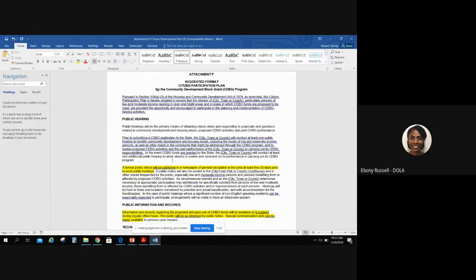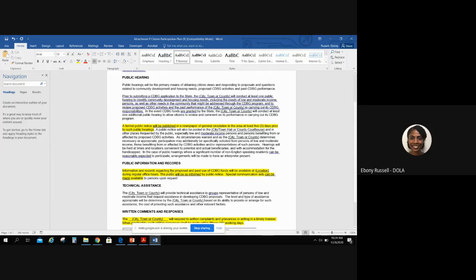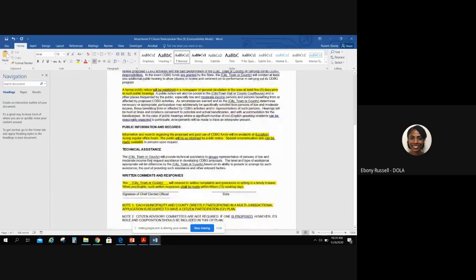And so this is a lot like attachment C. If you've done attachment C, you've done attachment P. It says that you will, prior to submitting your application, and this is 2 weeks prior to submitting your application to us, have had a formal public hearing for your project, that it will have been published in the newspaper 5 days prior to the hearing, and that you will be providing information about how the CDBG funds will be used, that you will be providing technical assistance, and that you have waited for written comments from the citizens in your areas and that you've responded to them.